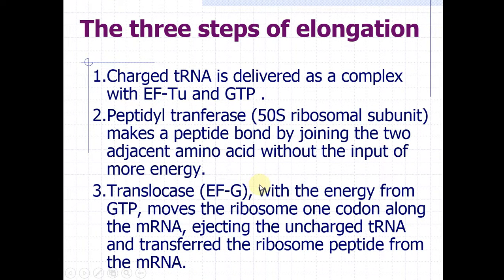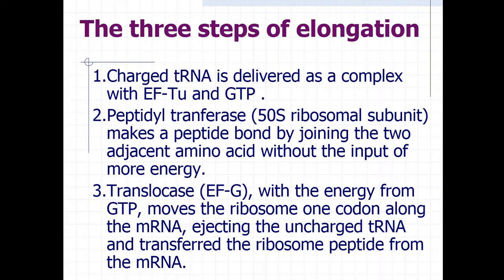Then peptidyl transferase makes a peptide bond by joining adjacent amino acids without the input of more energy. And the translocase factor EF-G-GTP moves the ribosome one codon ahead along the mRNA, ejecting the uncharged tRNA.